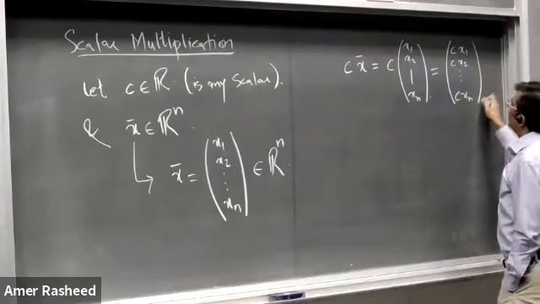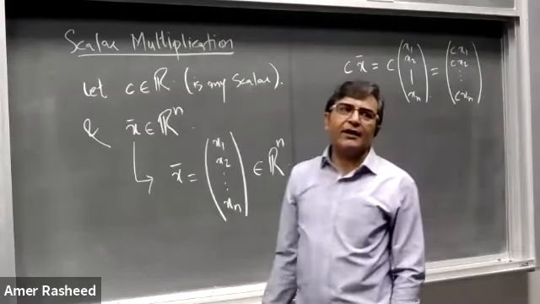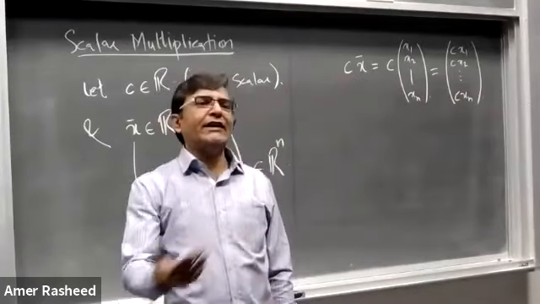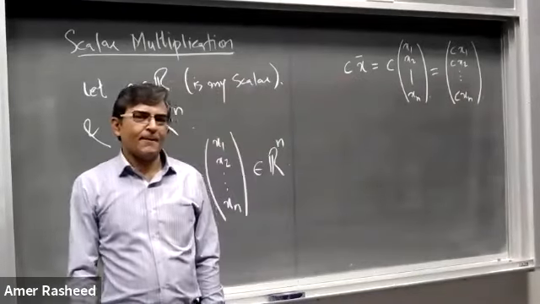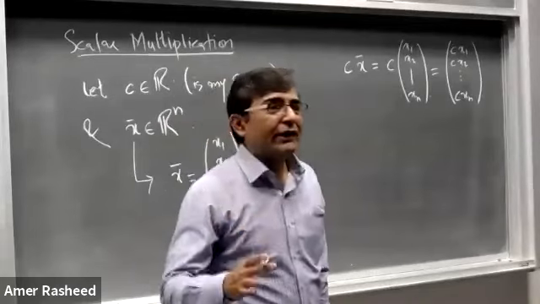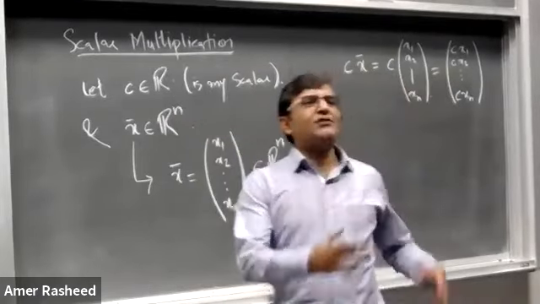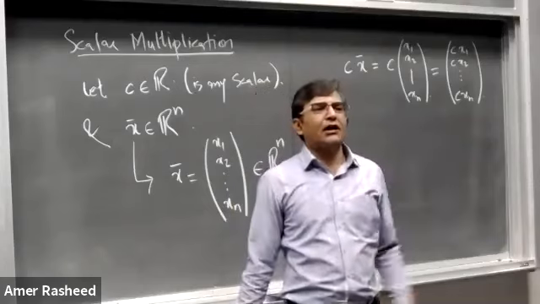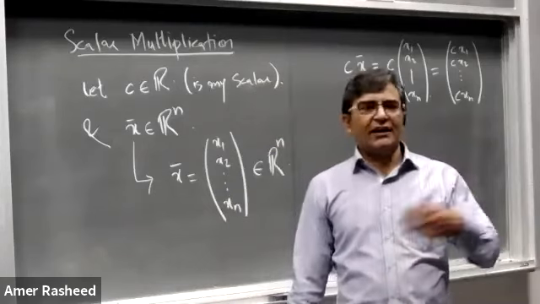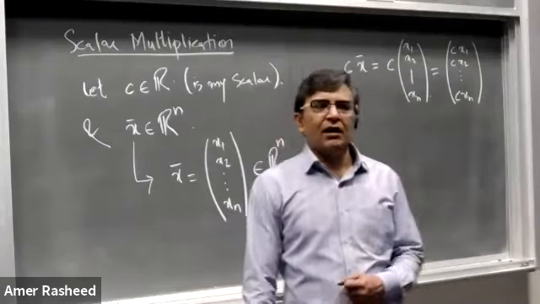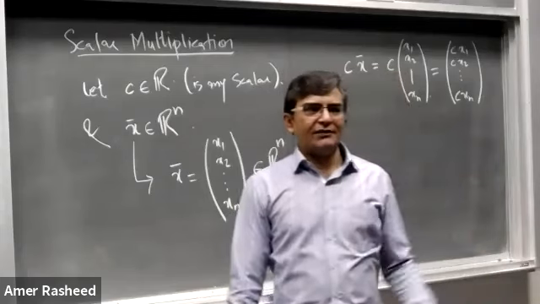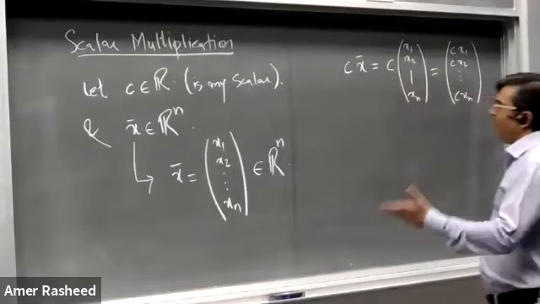This is how we define scalar multiplication in a usual Euclidean space. But we can change this definition, we'll see later on. We can define scalar multiplication or vector addition in some other way as well, when we discuss vector spaces.